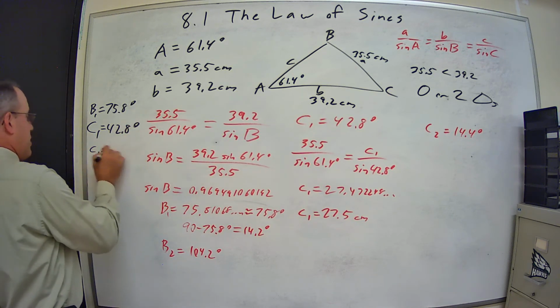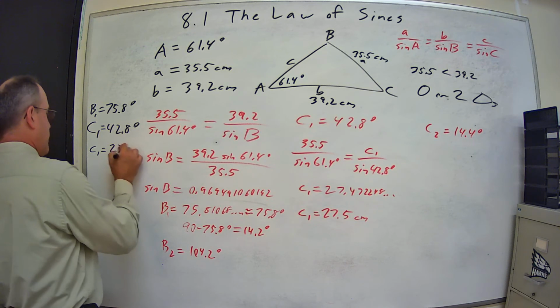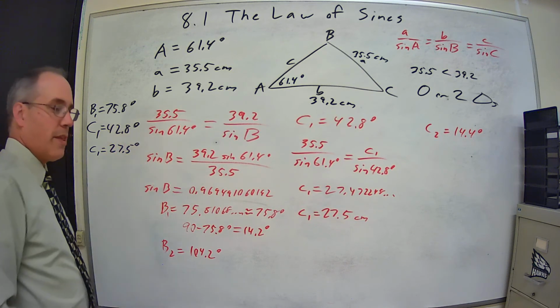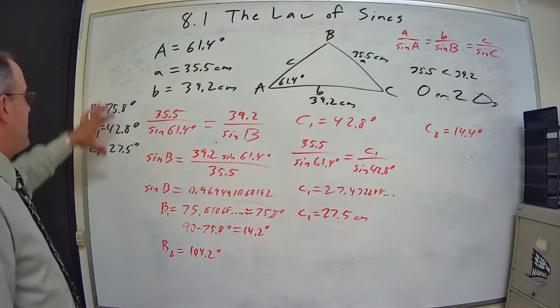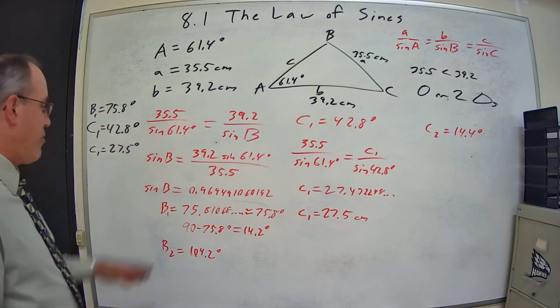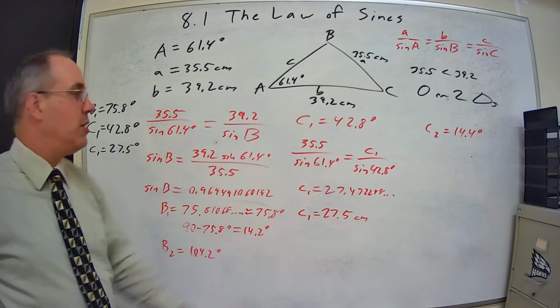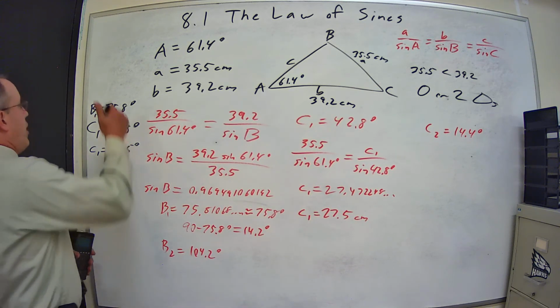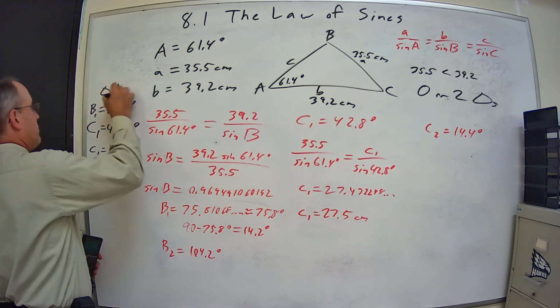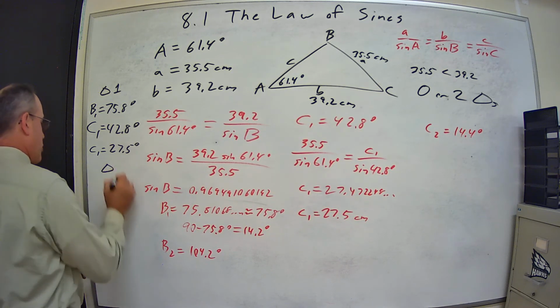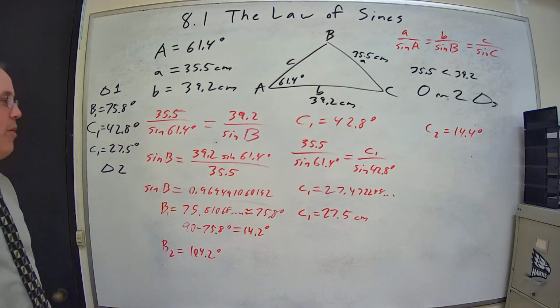And lowercase c1 is equal to 27.5 centimeters. You should always put the answer together in some way rather than making someone search through all your work to find all the values. So there we go. So that's triangle 1. I'm going to put triangle 2 right below it.